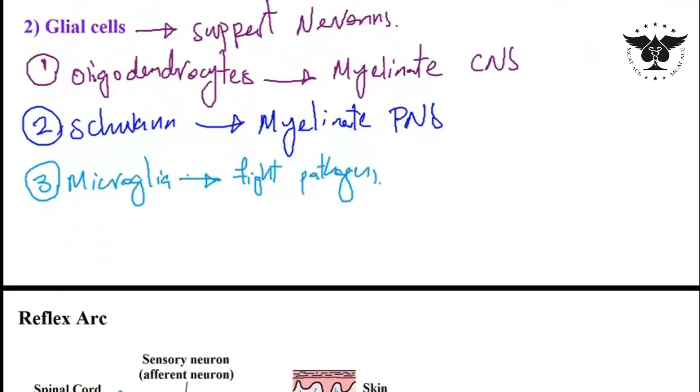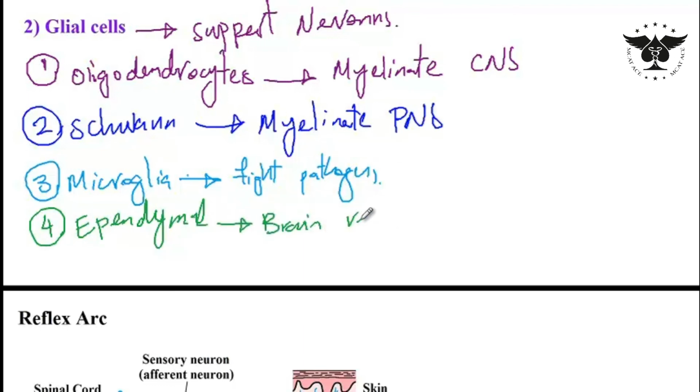The next type of cells are ependymal cells, which line the brain ventricles, and its function is to produce cerebrospinal fluid, which acts as a shock absorber.